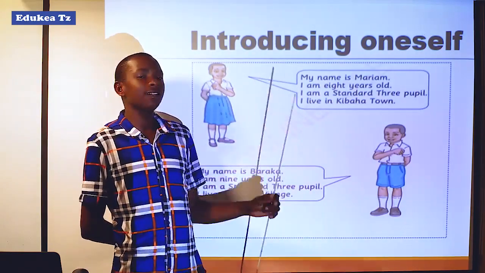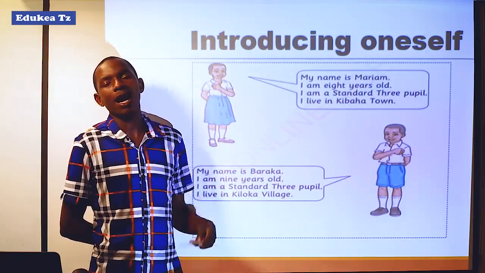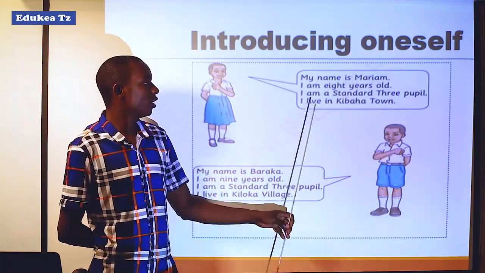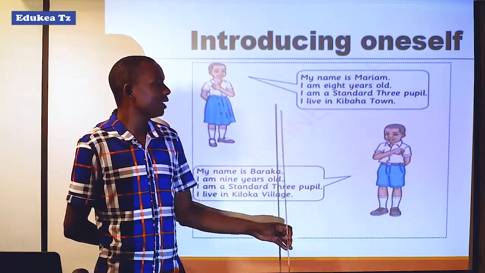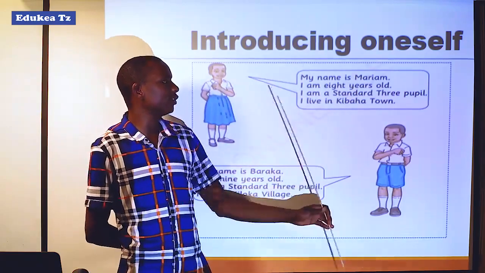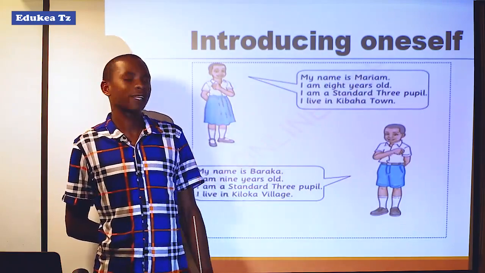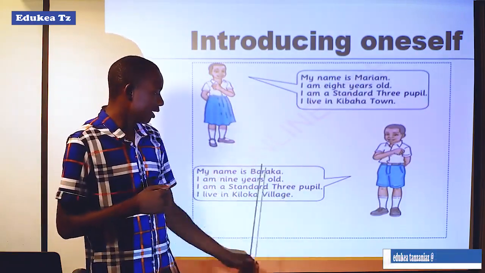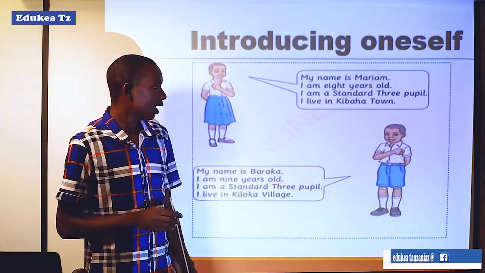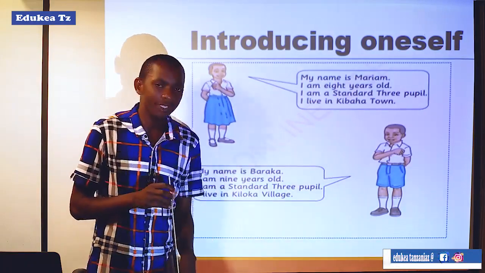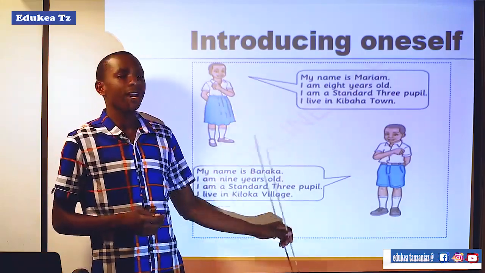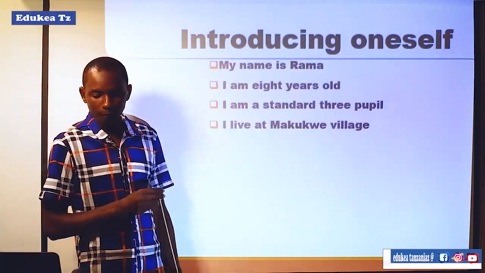And the last one is you are supposed to tell us where you come from or where you live. Mariam here told us she lives in Kibaha town, the same as Baraka here. So you may read these introductions done by these two pupils as they appear here.